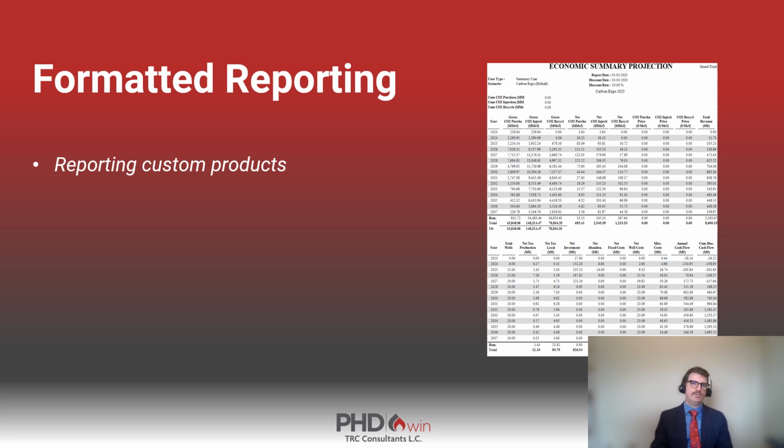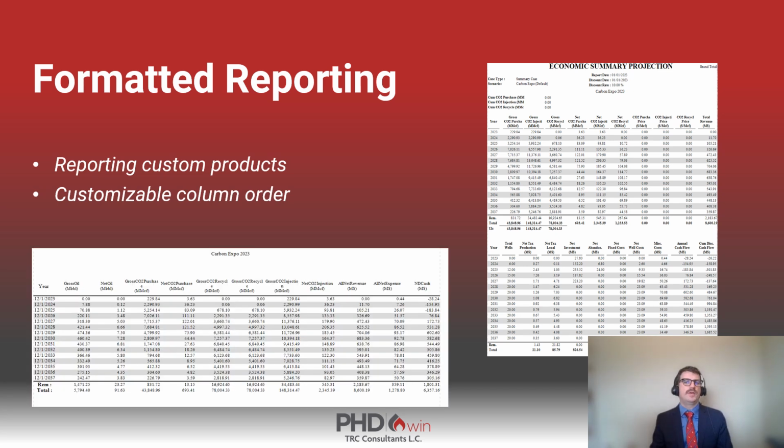So if we needed to see a formatted report that included all those volumes, but also would include our revenue streams, our expense streams, and our cash flow, the detailed three volume report would meet those needs. But sometimes you need to have a little bit more control than that. You want to control the order of the columns themselves, of all the columns.